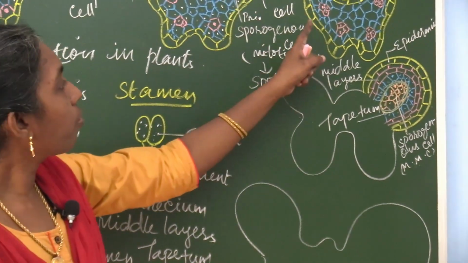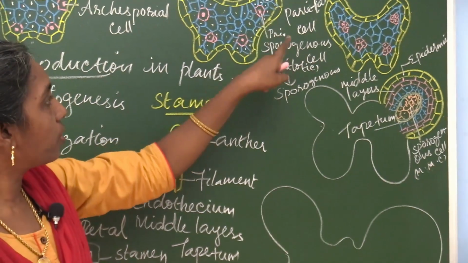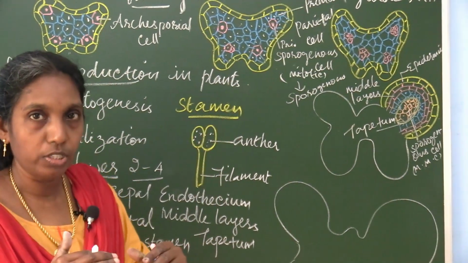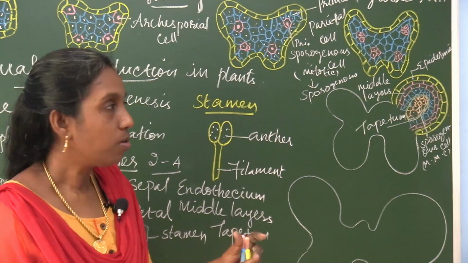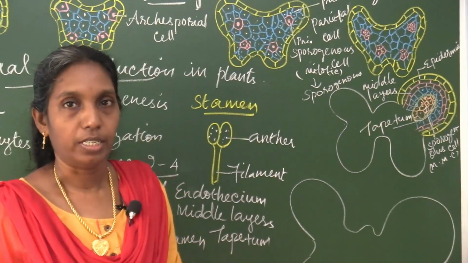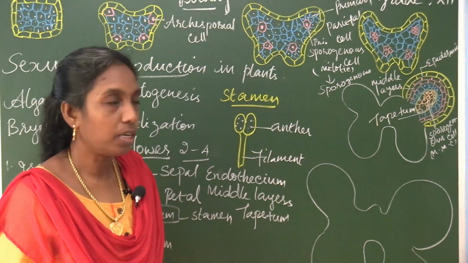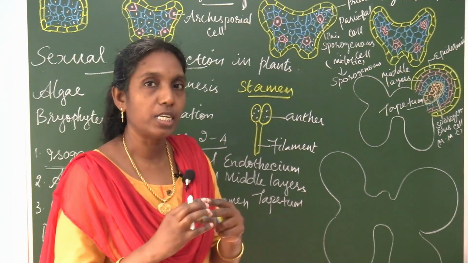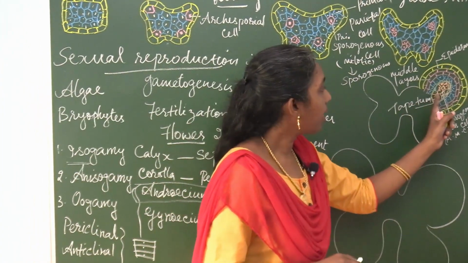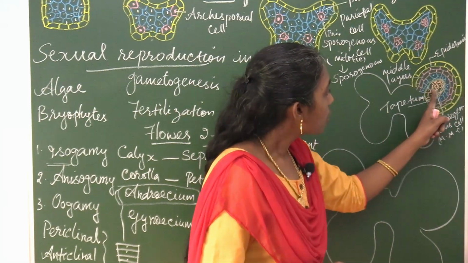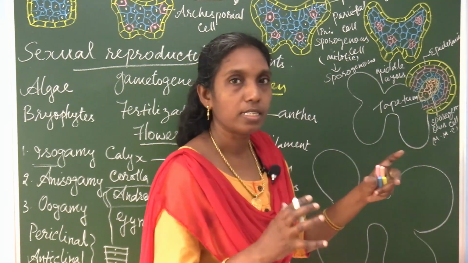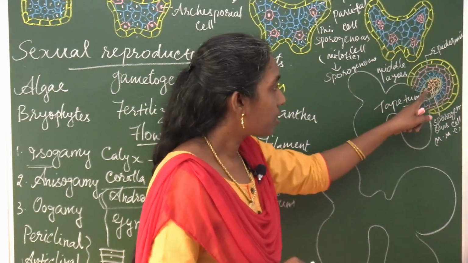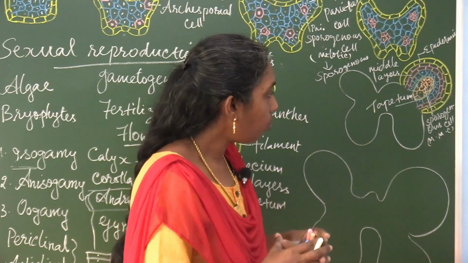Now the primary sporogenous cell undergoes mitotic division, and it forms a mass of sporogenous tissue. In this diagram you can see that the sporogenous tissue is surrounded by the wall layers.